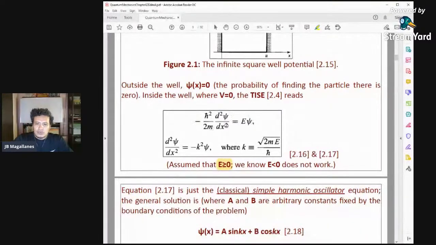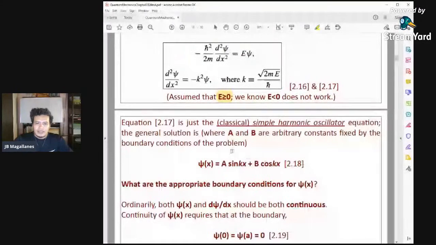So the energy would be greater than 0. Now, this differential equation is just a simple harmonic oscillator, a second order derivative. So what is the function that when you take the derivative twice will give you the same function?